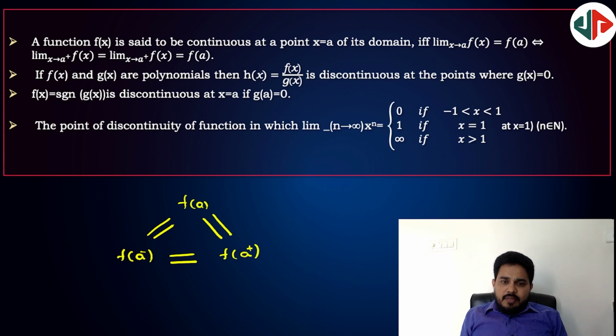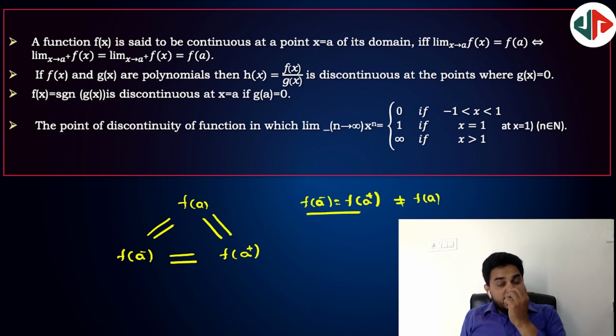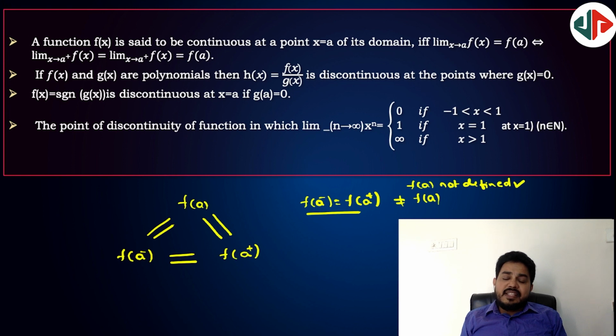For example, f of a minus is equal to f of a plus, but not equal to f of a. This is one case, or f of a not defined. This case is missing point discontinuity. This is called removable discontinuity.